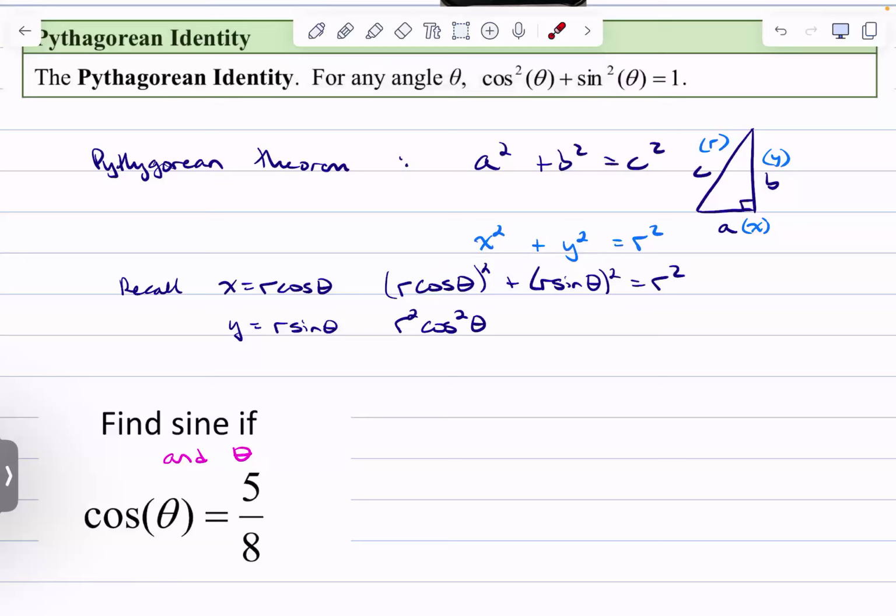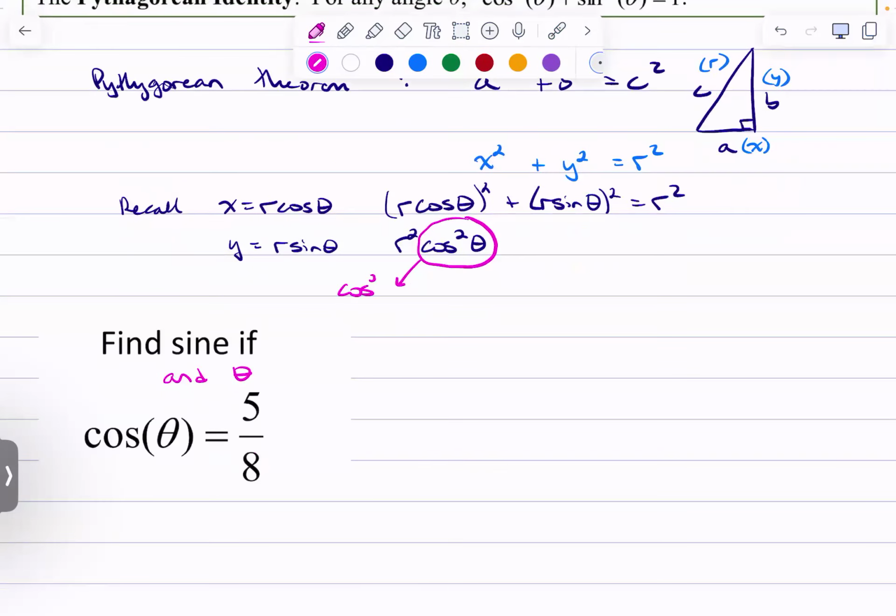Now I will make a note here that usually we write cos squared theta, but it's the same as cos theta squared. It just makes it a little bit nicer to look at as cosine squared theta, but it is just cos theta, then square it.